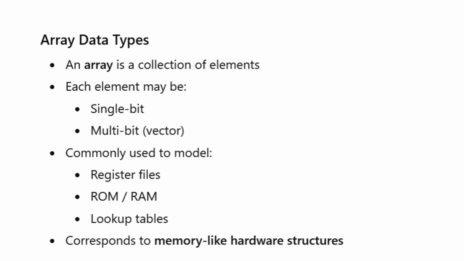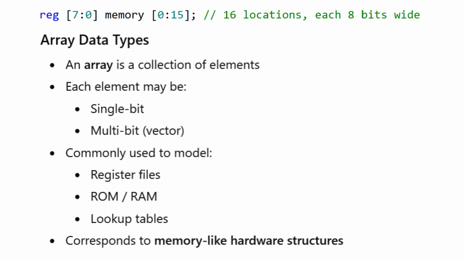Now let us move to array data types. While vectors represent a group of bits, arrays represent a collection of elements. Each element of an array can itself be a vector. Arrays are commonly used to model memory-like structures. Register files, ROMs, RAMs, and lookup tables are naturally represented using arrays.